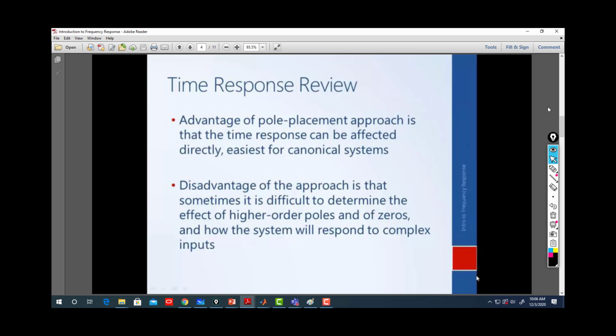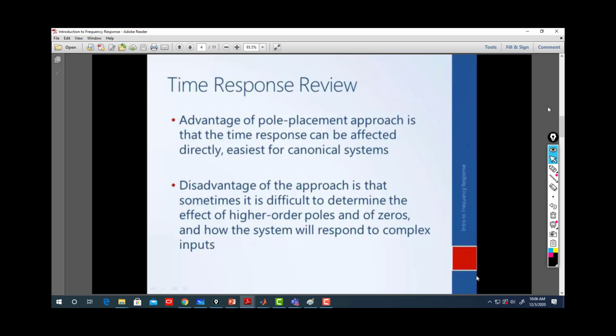Sometimes it's difficult to determine the effect of higher order poles and the effect of zeros. If you have higher order poles and zeros, it is difficult to determine using algebra and root locus, because this is a non-canonical system, and as we said, we need to retune things. So then it becomes difficult too.